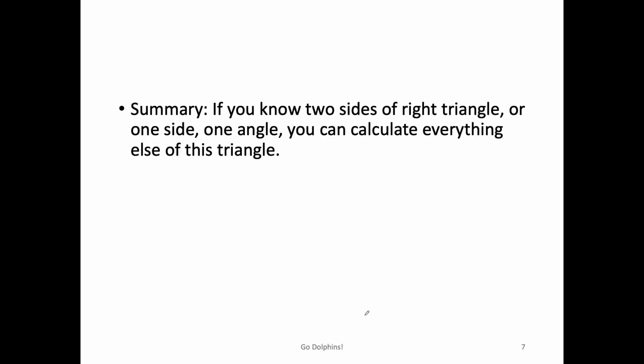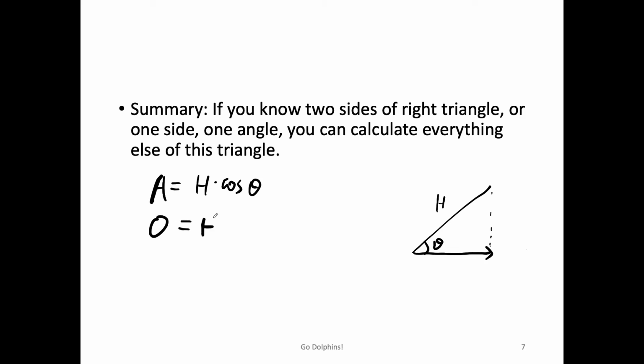So this is a very brief overview of trigonometry. Besides the definition, if you have a triangle and the hypotenuse, then you can calculate your adjacent side as the hypotenuse times cosine theta, and your opposite side as the hypotenuse times sine theta.